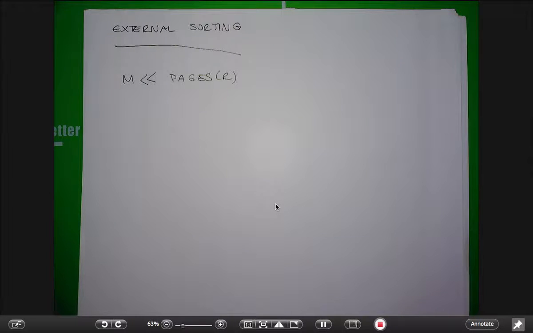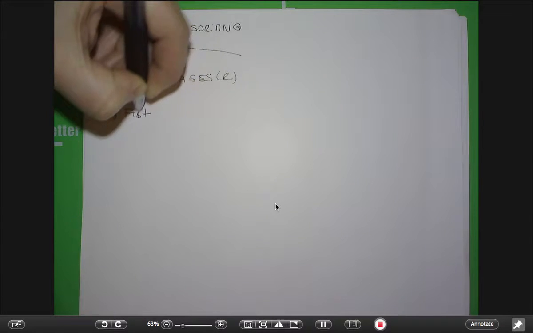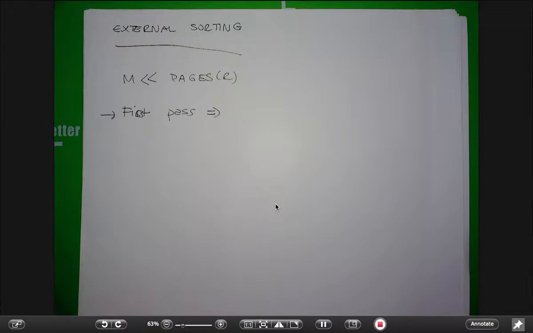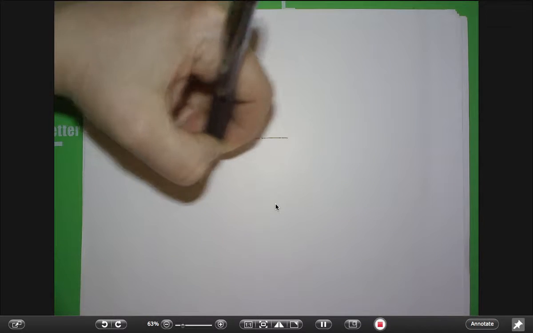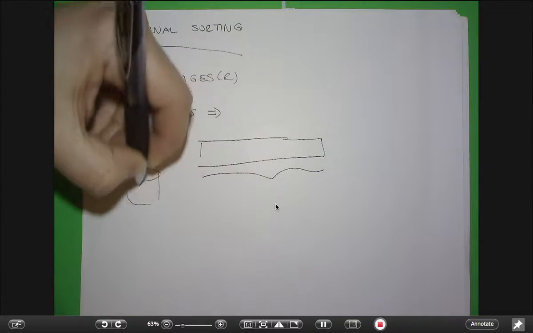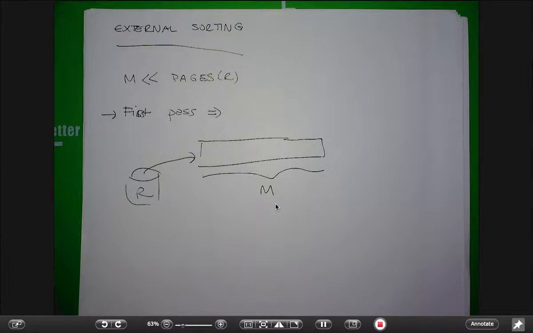So first pass, I'm going to sort the relation, but I cannot sort everything. How many pages at once can I sort? M pages, right? So in the first pass, I'm going to read the relation into M pages. Okay. So read M pages of R in memory.